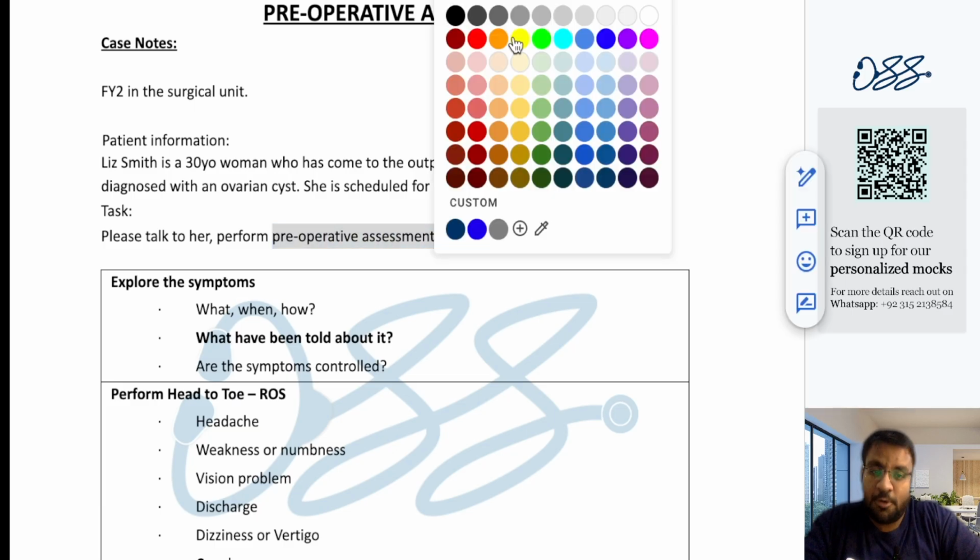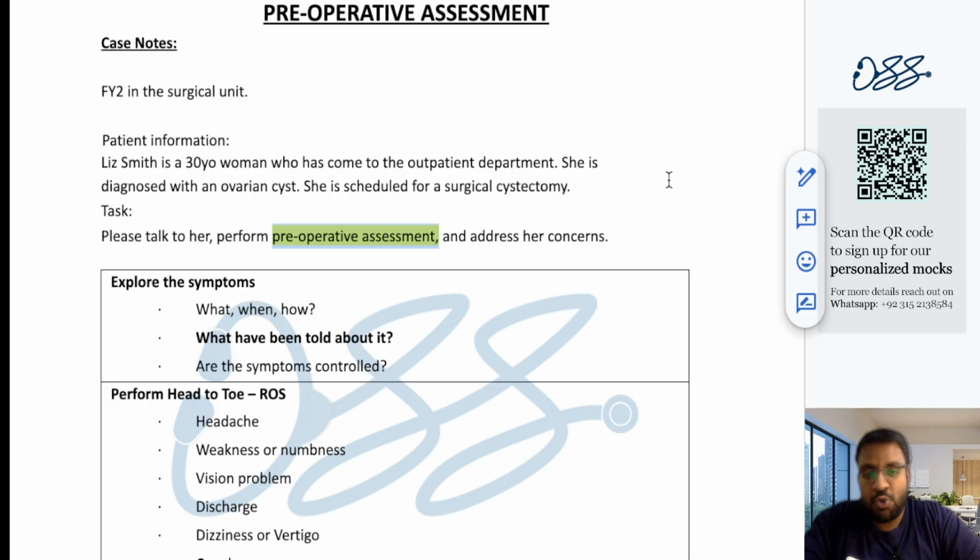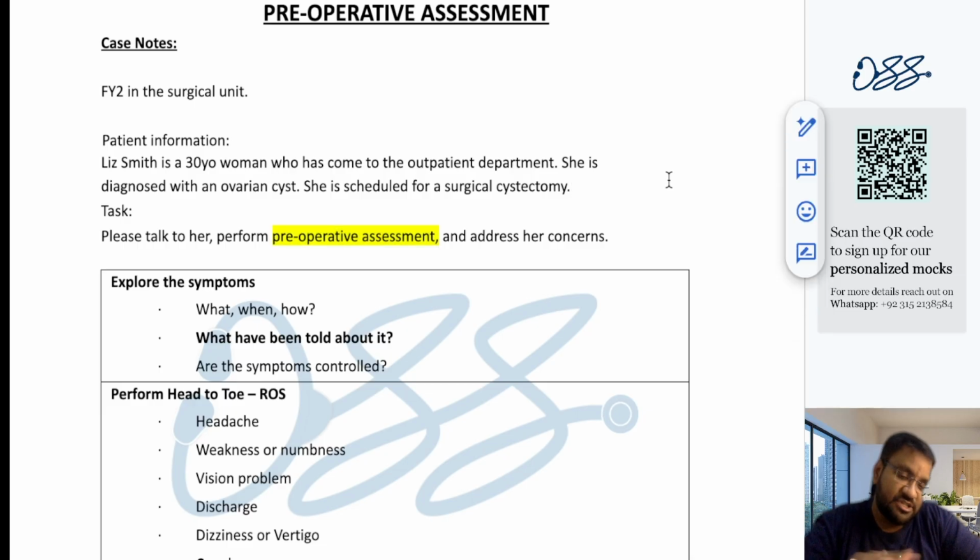The moment you get this, you know that you need to follow this particular structure that I'm going to teach you. So let's go through the structure one by one. In the very first layer, what you need to do is explore the symptoms. Now you're going to say that there is no symptom mentioned here.